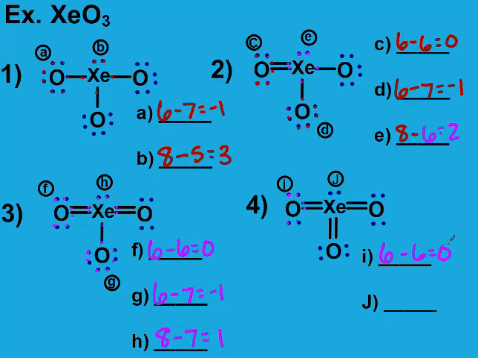So that's a 0. And then xenon came in with 8. 1, 2, 3, 4, 5, 6, 7, 8. Formal charge of 0. So if you had to choose what would be our best structure, 4 would be our best structure because every element had a formal charge of 0 compared to the others.